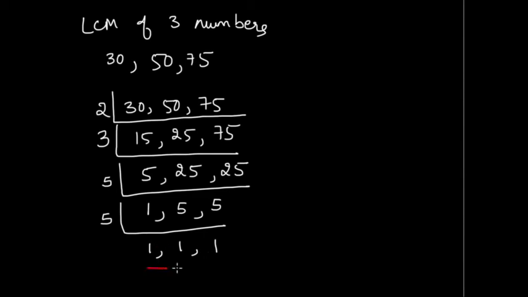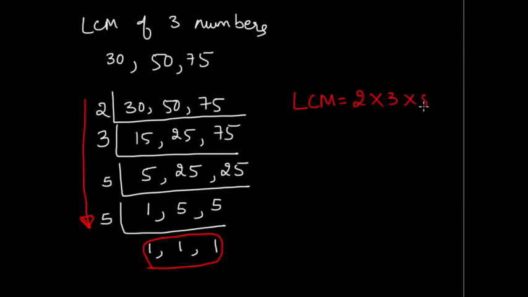So now since we have 1, 1, 1, we can just list out the factors as the LCM. LCM is therefore 2 times 3 times 5 times 5, which is written as 2 times 3 times 5 raised to 2, or 5 squared.